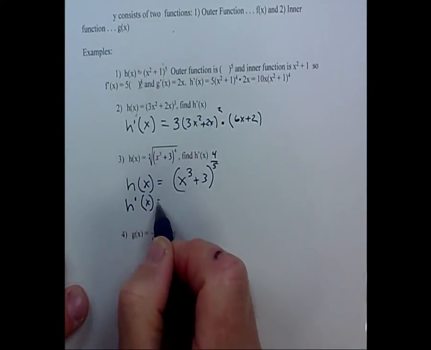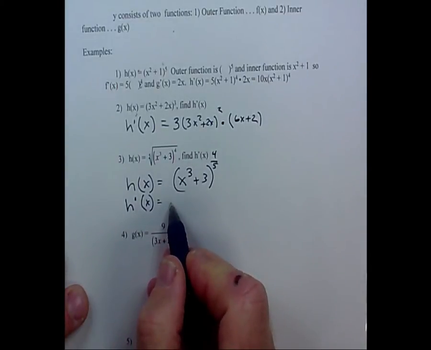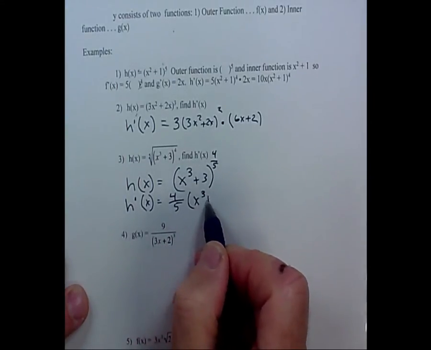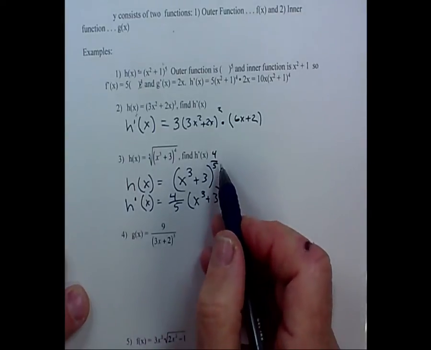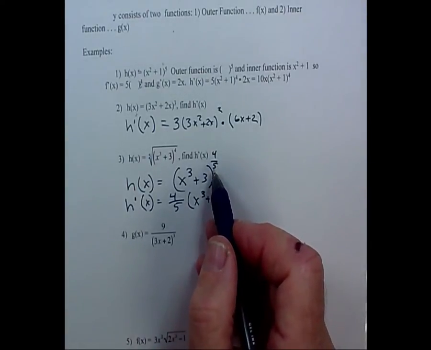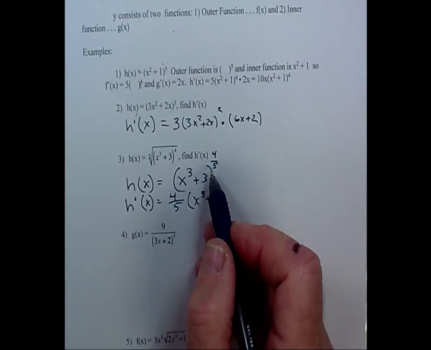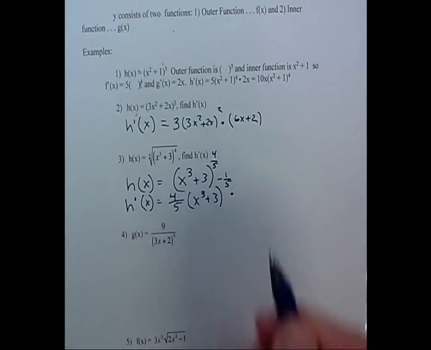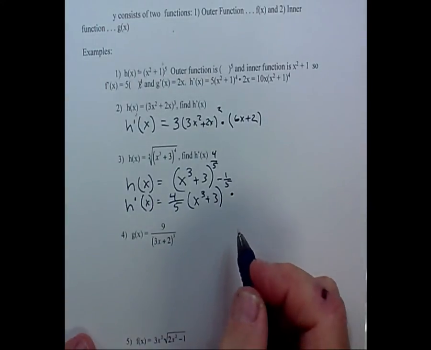And so Caitlin kind of pointed the way which way we're going to go. So what's the number that's going to be out front here? 4/5. And then I got x cubed plus 3 to what power now? -1/5. Awesome, you're doing great. Times, we got to multiply by that chain or link.